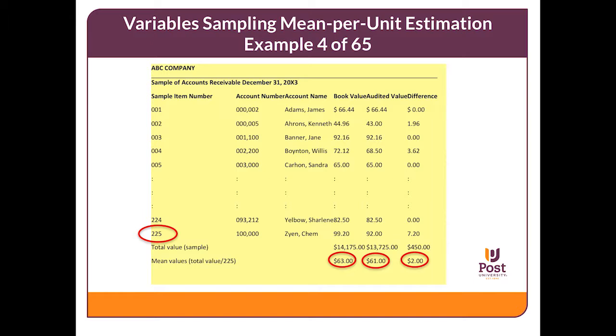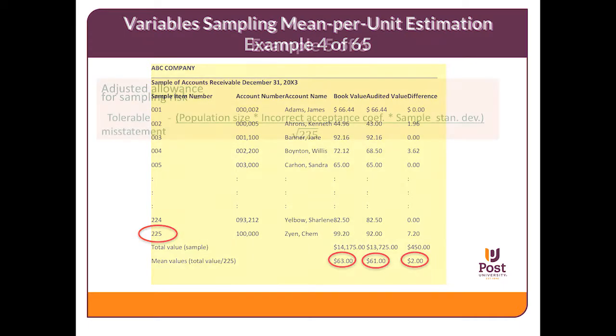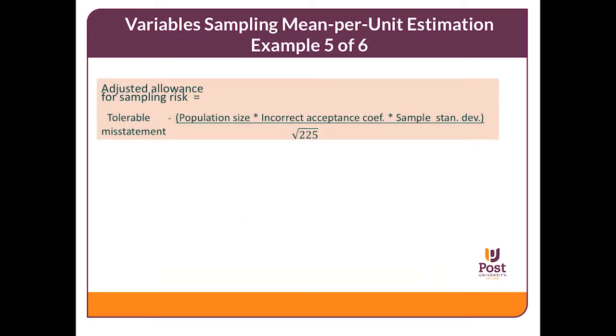The allowance for sampling risk is $200,000, $2 times 100,000 accounts. The adjusted allowance for sampling risk equals tolerable misstatement minus population size times the incorrect coefficient times the sample standard deviation divided by the square root of the sample size.